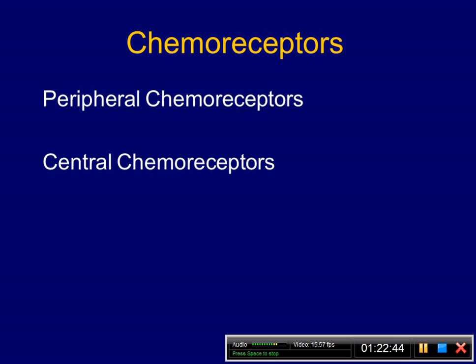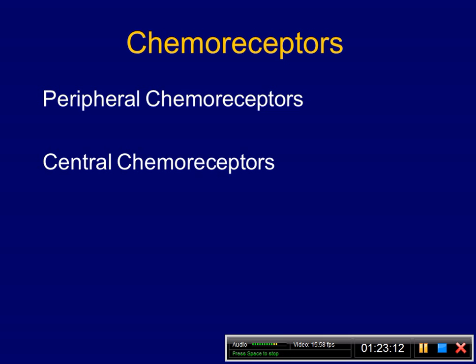Chemoreceptors detect what? Chemicals. The chemicals that we're focusing on right here are CO2, oxygen, and acid, which the peripheral and the central chemoreceptors are sensitive to. The peripheral chemoreceptors are more sensitive to oxygen and carbon dioxide, and acid, actually all three. The central one, specifically two chemicals. One chemical primarily, but the other one is kind of by default. What's the central?